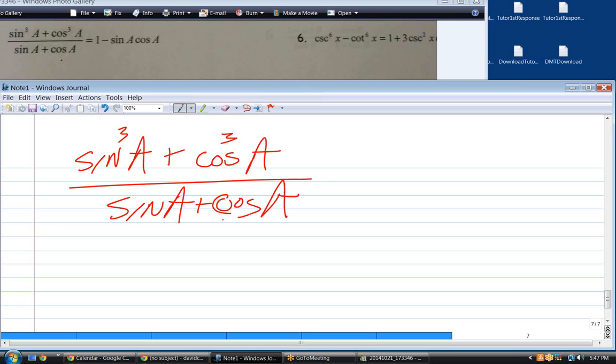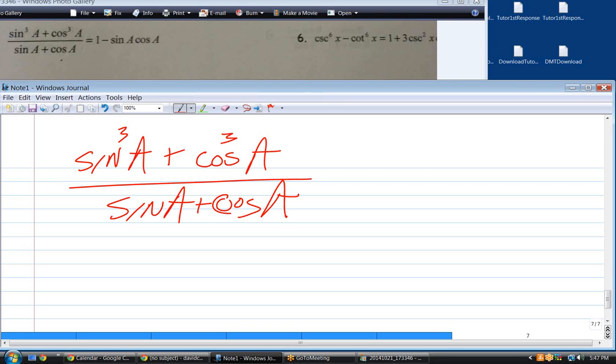If I said do that division without even looking at the right side, what would you do? What can I use on the top to factor it?